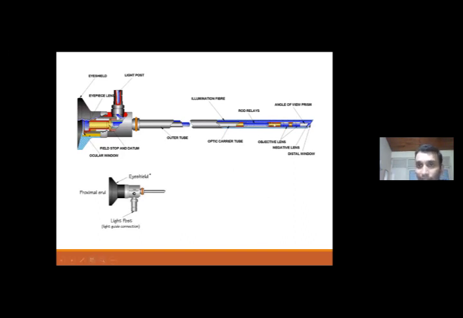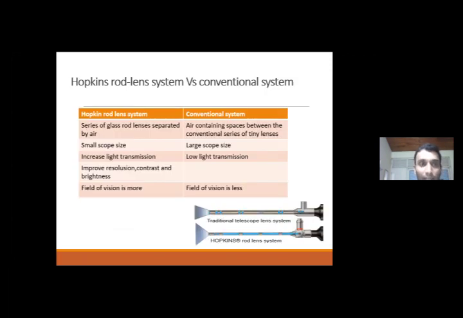Then the lens system, and the distal end of these telescopes carries the prism, which creates the angle of view. Comparing the Hopkins rod lens system versus the conventional lens system: the traditional telescope lens system has tiny lenses, which are hard to arrange in position, so it needs a wider outer tube, which leads to a smaller field of vision as well as a larger scope size.